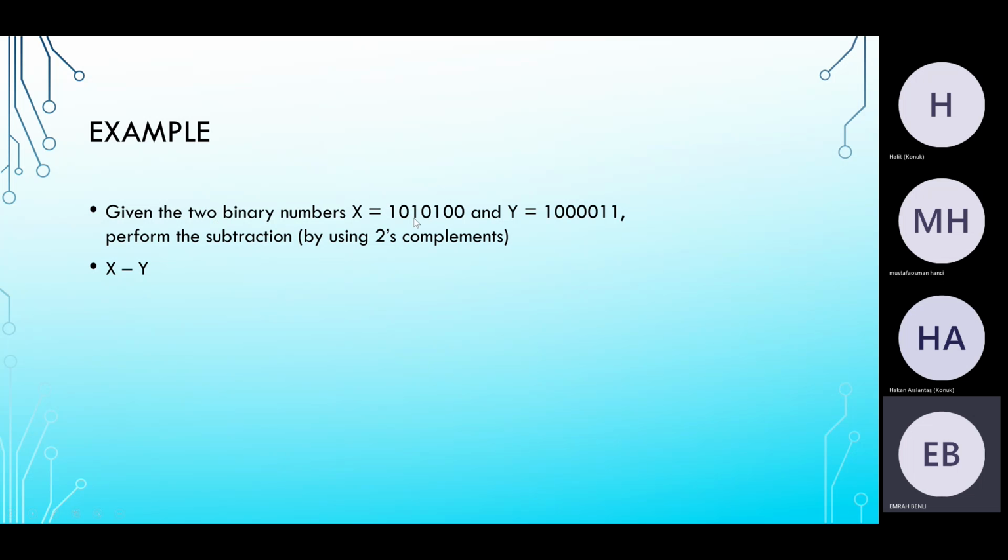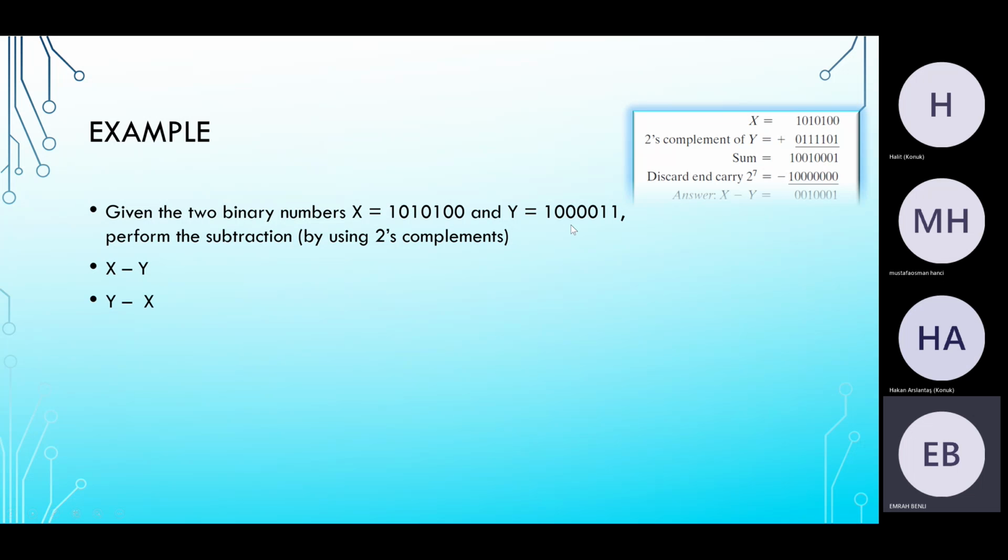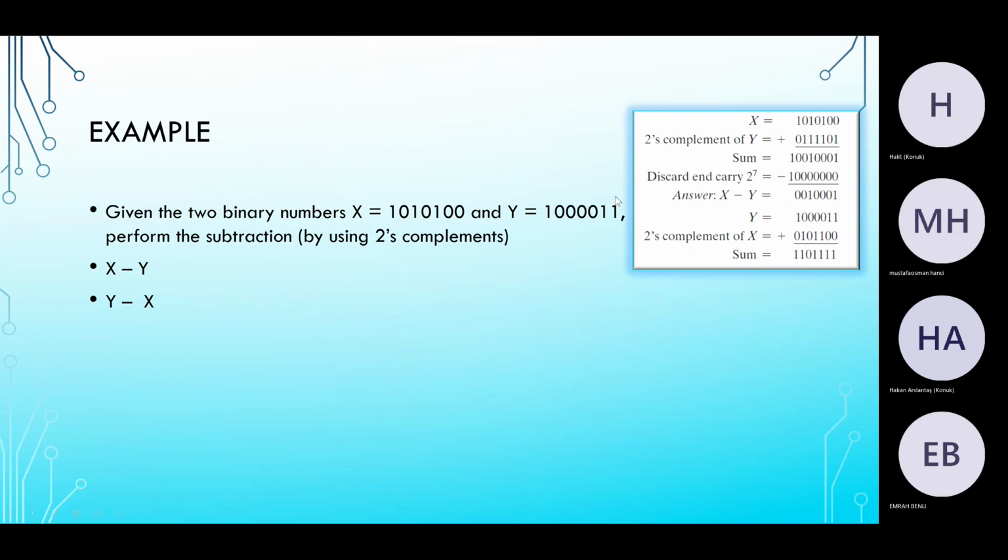So we have two binary numbers now, and we want subtraction again by using 2's complements. So x minus y, y minus x. We write x here, and we get the 2's complement of y: we convert 1 to 0, 0 to 1, and we add 1, and we have this number.